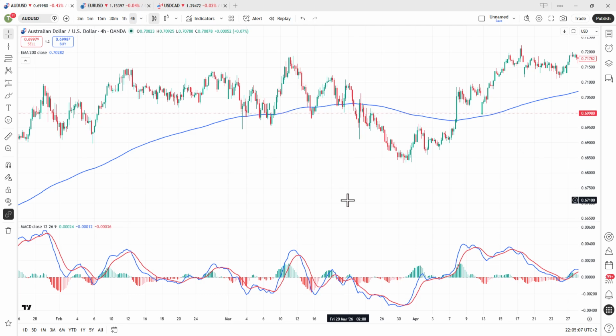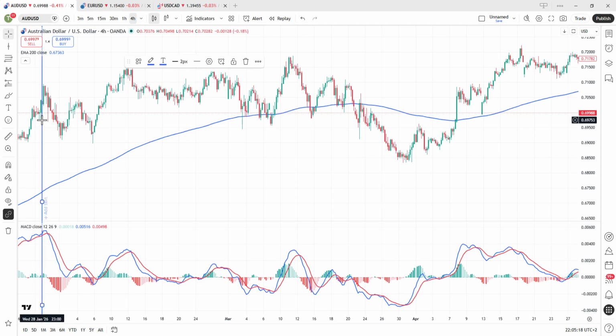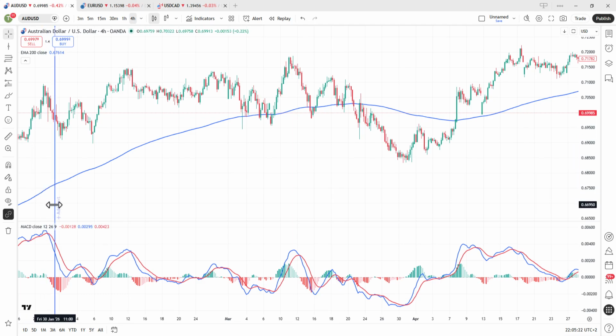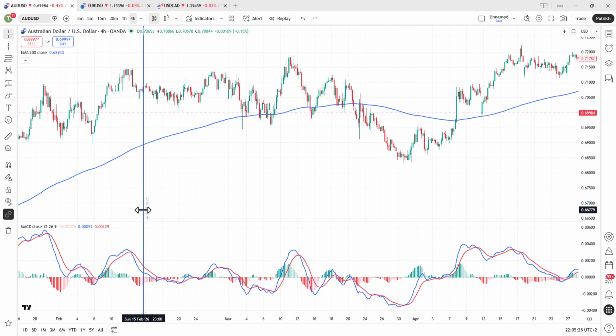With a 200 period moving average, we are able to filter away some of the false signals generated by the MACD indicator. As you can see, we have a couple of sell signals with the MACD indicator here, but we do not take these sell signals because the price is above the 200 period moving average.